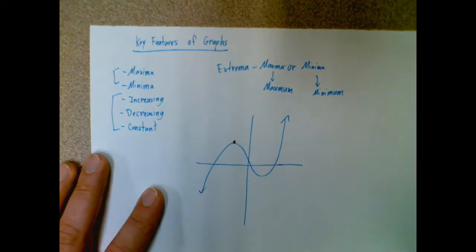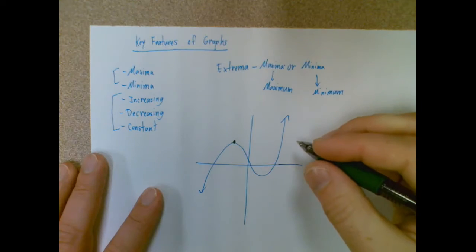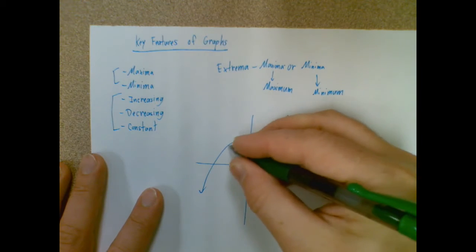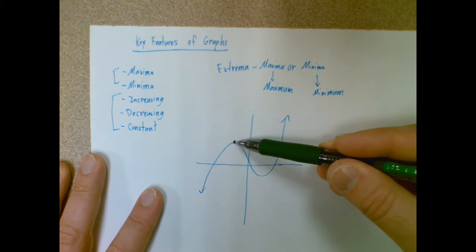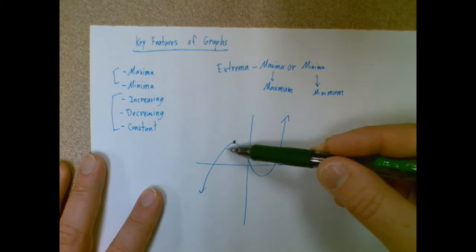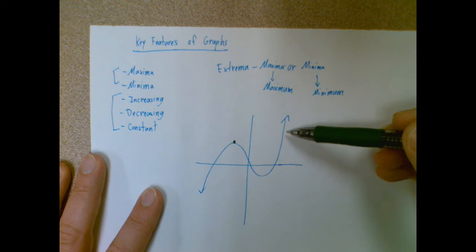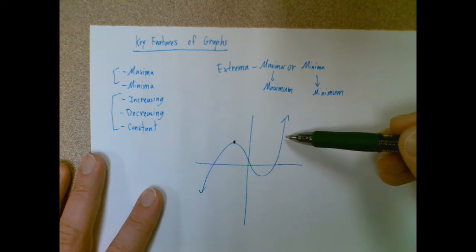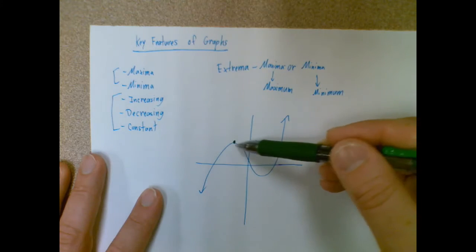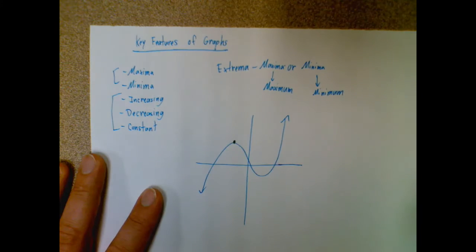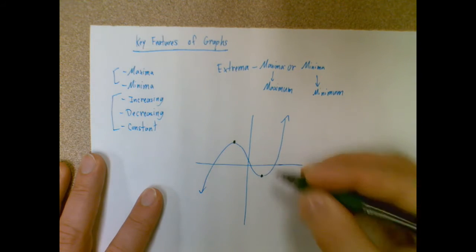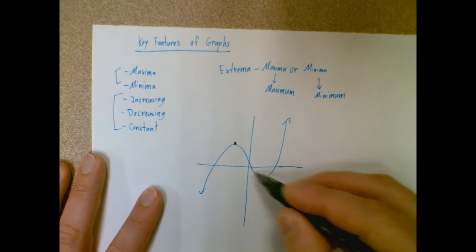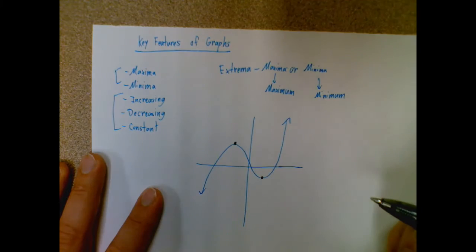It's called a relative maximum, but we're going to get to that later. Because there are no higher y values in the general area of this point. There are over here, but in terms of graphs, that's rather far away. Right around it, everything else is lower, so it's a maximum. Down here, it would be a minimum because it is the lowest point around it. Everything's higher than it on either side.